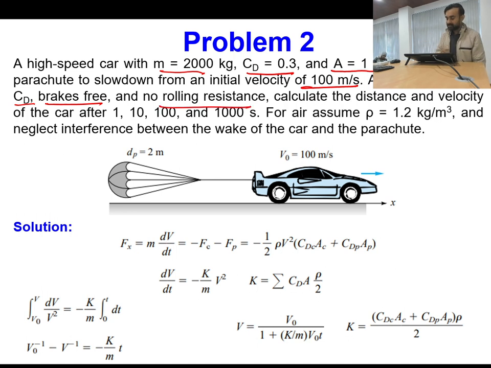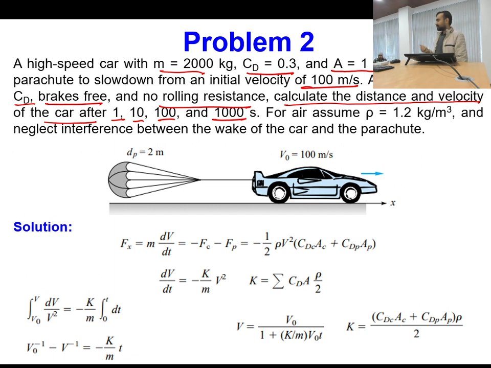And no rolling resistance means friction between the tires and the road is negligible. We need to calculate the distance and velocity of the car after 1, 10, 100 and 1000 seconds. So what will be the velocity and the distance which the car has traveled after these many seconds.